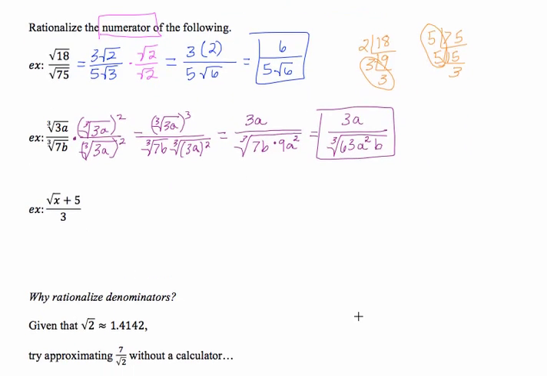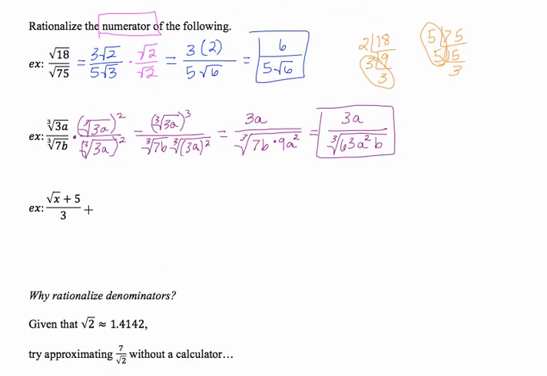Now let's use that same technique to rationalize this numerator. Okay, so the only difference is you would multiply by the conjugate of the numerator over itself. So we would multiply by radical x minus 5 over itself. Then foiling here in the numerator, we would get radical x times radical x is x.